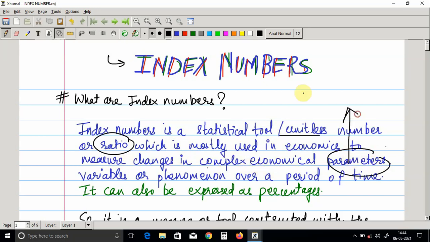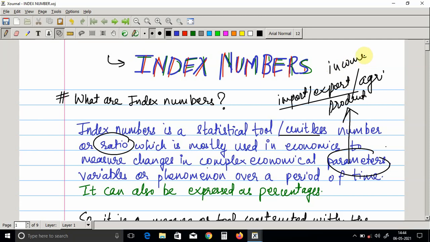What I mean by parameters here is, if you are dealing with imports, exports, agricultural production, or income of some family, then price or quantity of any commodity.